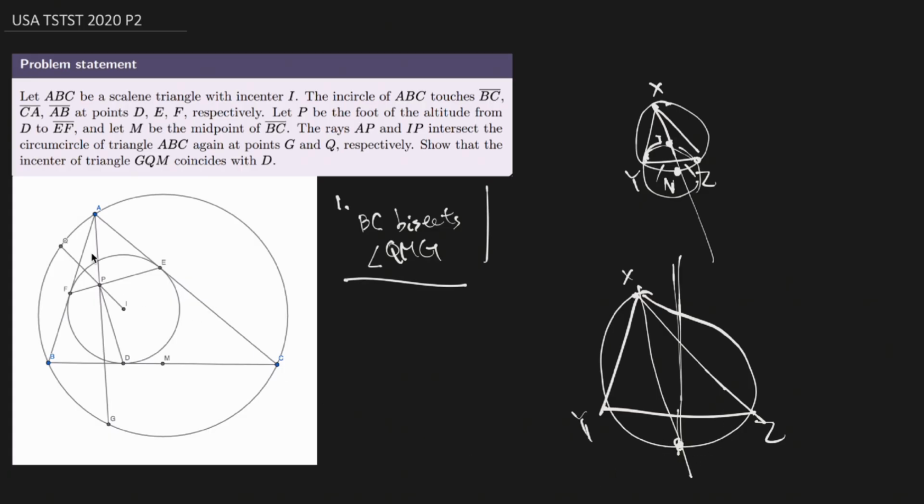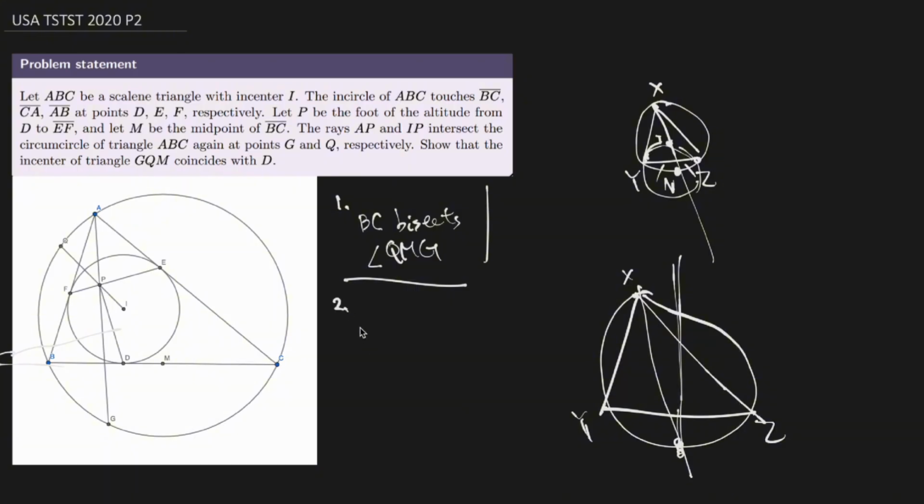So in this case, the perpendicular bisector of QG and the angle bisector, which is BC here, only intersect at one point, somewhere over here. And this is actually just the center we want. So we just need to show that this is the center of QDG. And conversely, it just means we want to show that the circumcenter of QDG lies on the line BC.